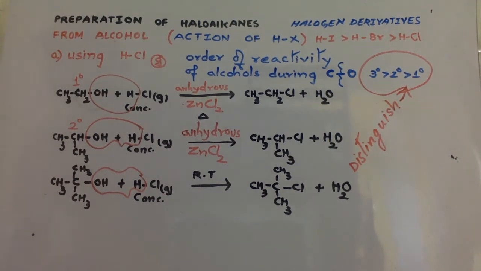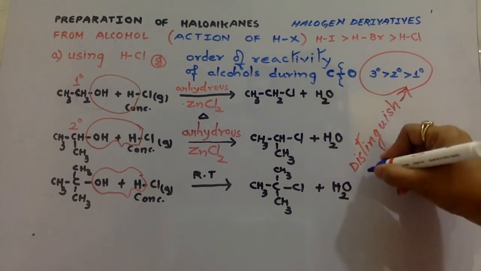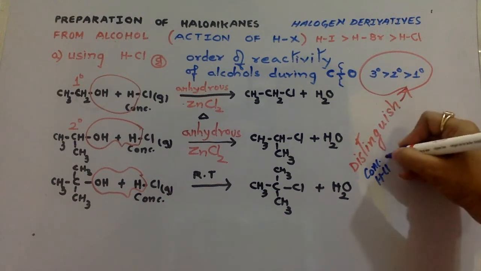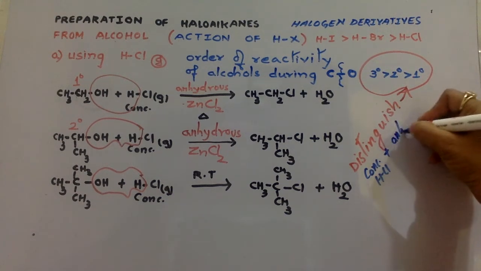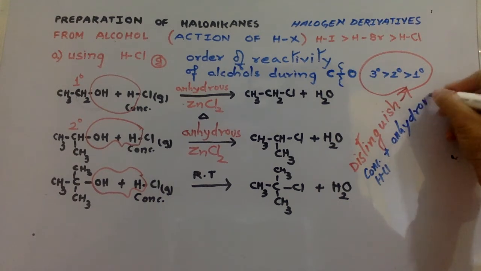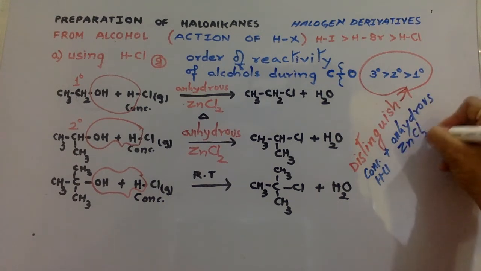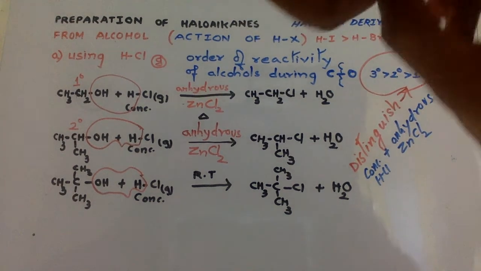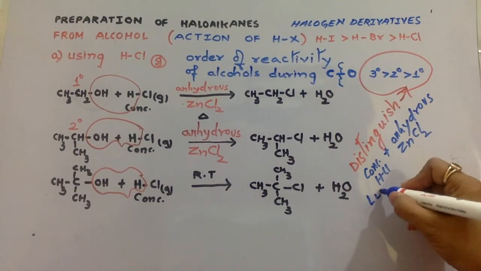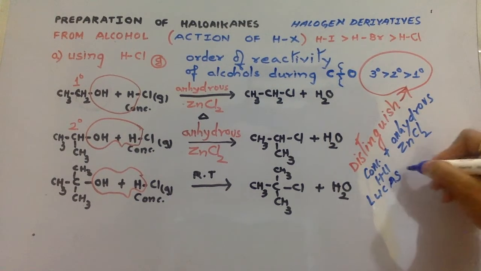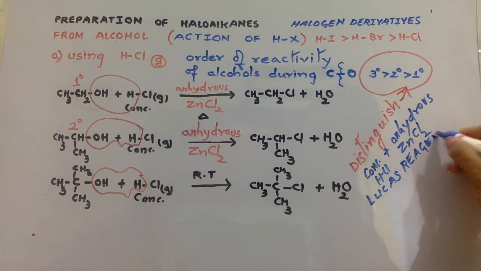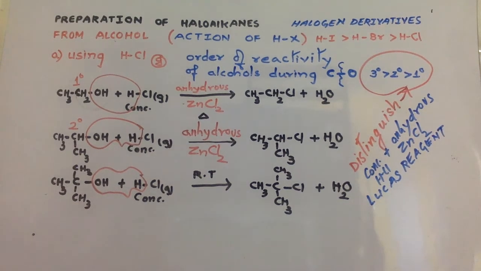And this mixture of concentrated HCl and anhydrous zinc chloride is called Lucas reagent. So Lucas reagent is a mixture of concentrated HCl and anhydrous zinc chloride.